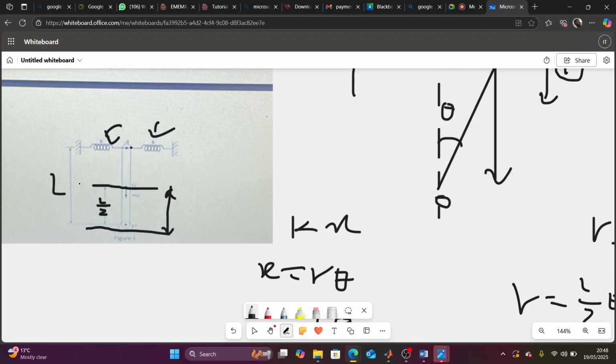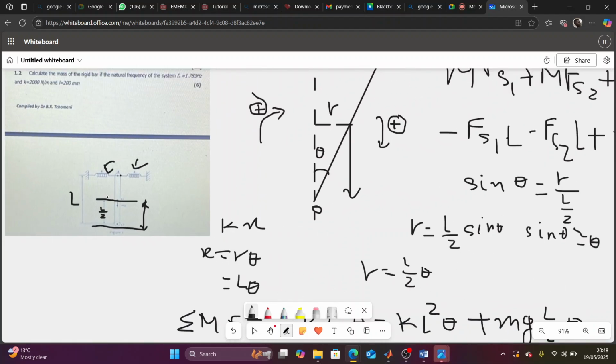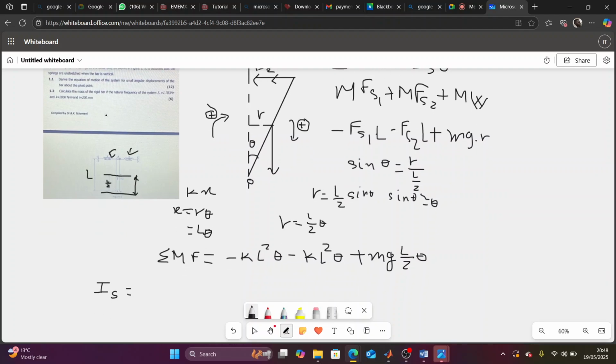So what do we have, Andile? We have the parallel axis theorem. It's going to be ml squared divided by 12 plus ml squared divided by 4. Ambrosi, are you with me on that one? Yes, sir. Also, there is a formula that has been proven that if you have a rigid rod and the pivot is at the edge, it is 1 over 3 ml squared.